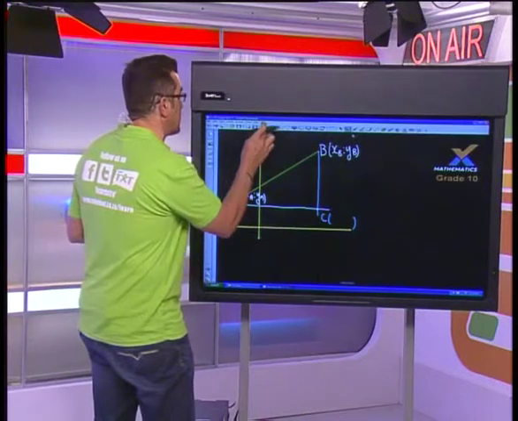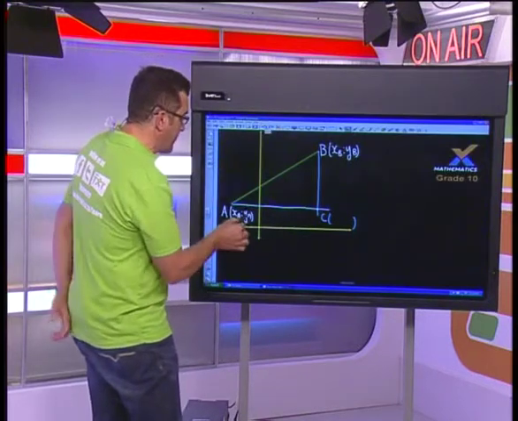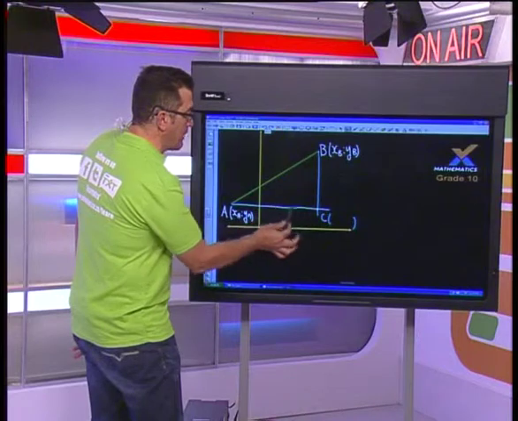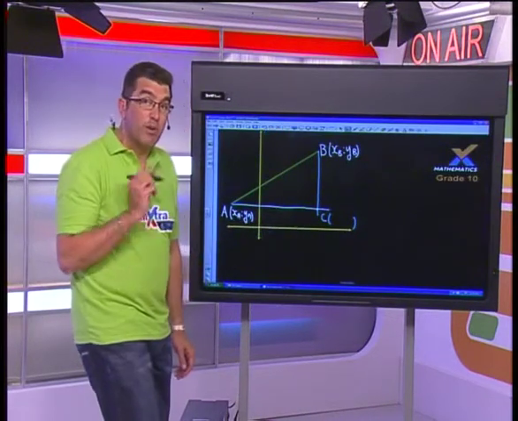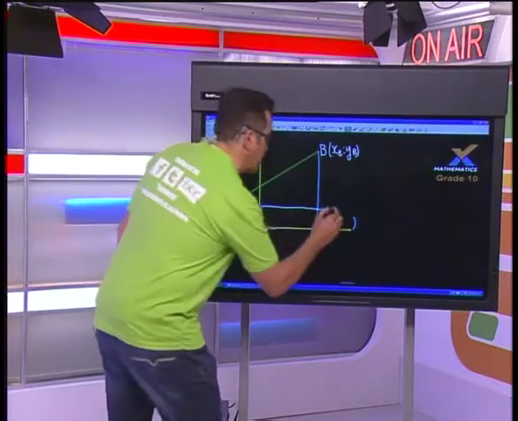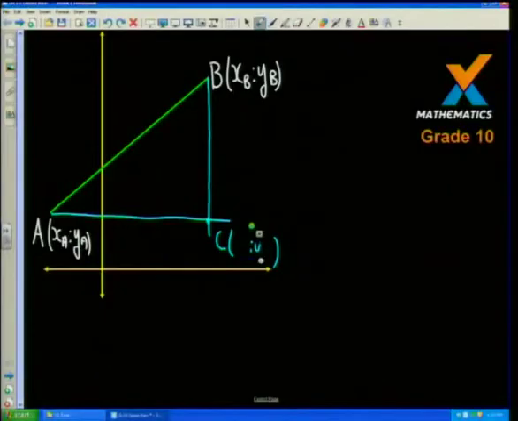Now, what is this thing doing to me? This y value here and the y value over there and the y value over there is all going to equal the y value of point A. Okay, so immediately we can say that this will be a shared point, the y coordinate of point A.